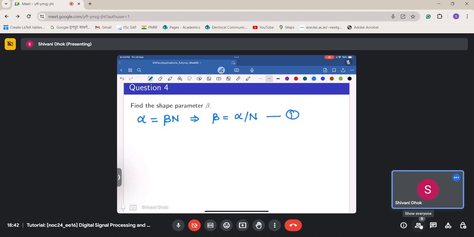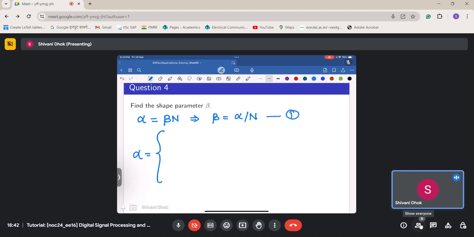So this is the first thing that we are having, and this alpha will depend on what value of A we are having.